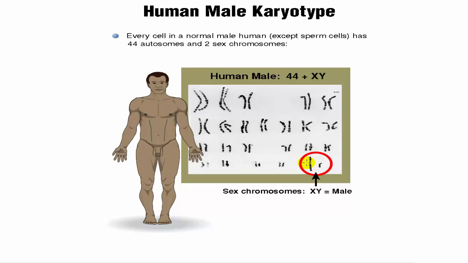This is, of course, why there's a lot of genetic diseases that only show up in males. Sex-linked diseases like color blindness, where it's passed from the mother to the male son, are going to actually express themselves because the male only has 1 X chromosome that he got from his mother, right? The other one is a Y.